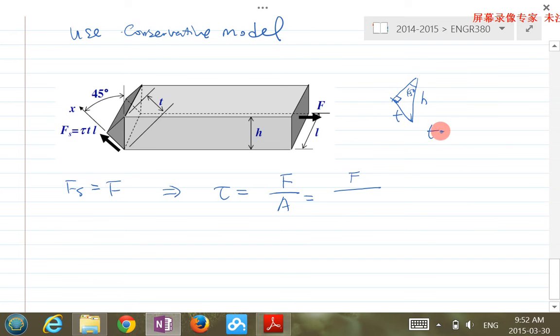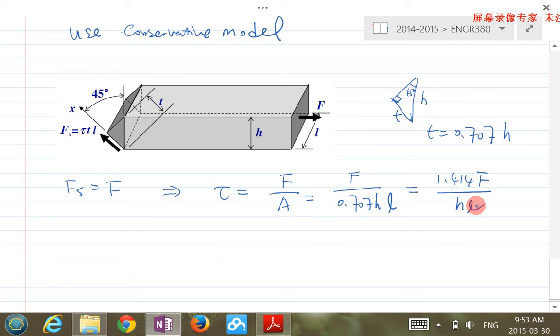So T equals 0.707 H, square root of 2 over 2. Then the total shear area is 0.707 H times L. Then 1 divided by 0.707 is equal to 1.414 F over HL. So this is the shear stress due to this conservative model.